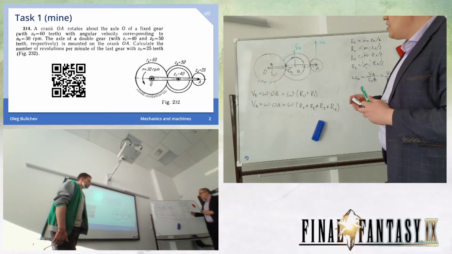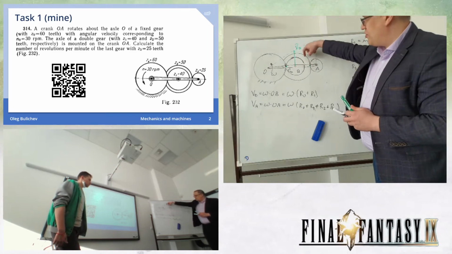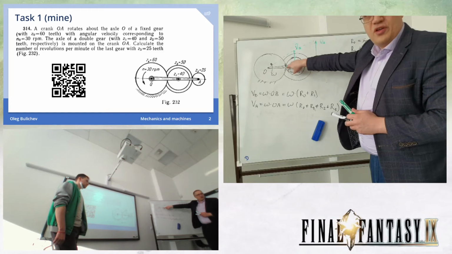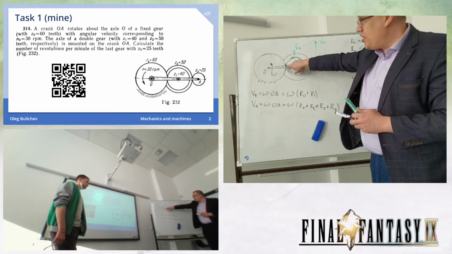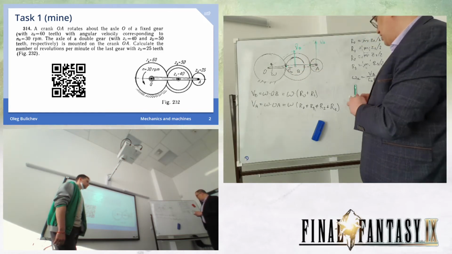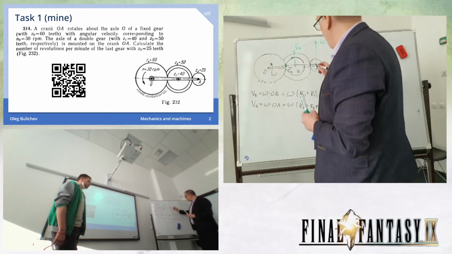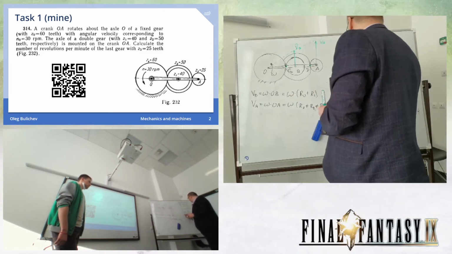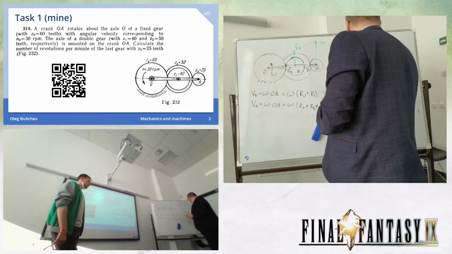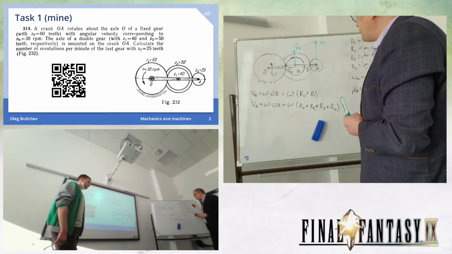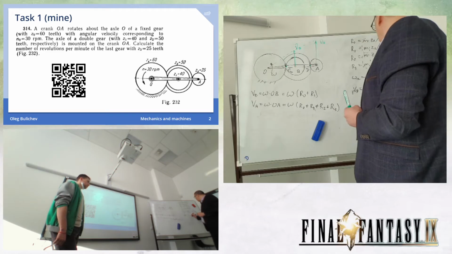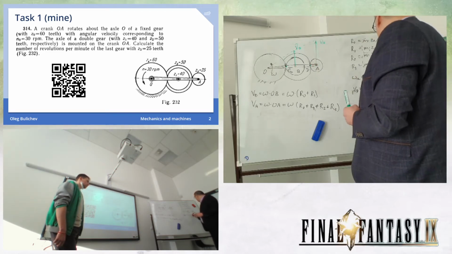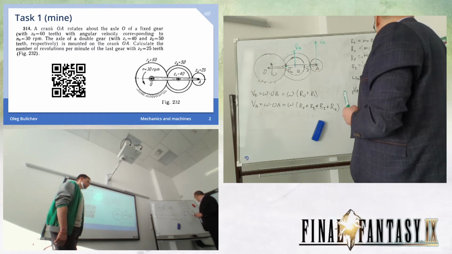This point is connected to the central gear, and the central gear has its instantaneous center of velocities here, which means that the velocity of this point, maybe this point is D, VD, is omega 1,2 multiplied by R1 plus R2.